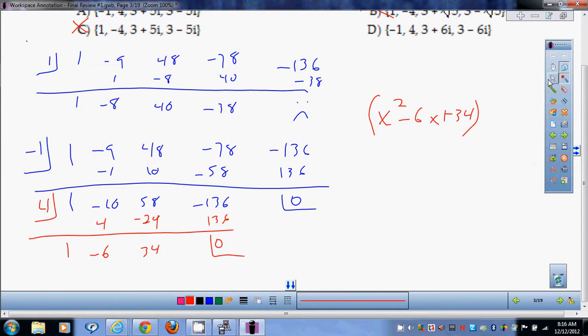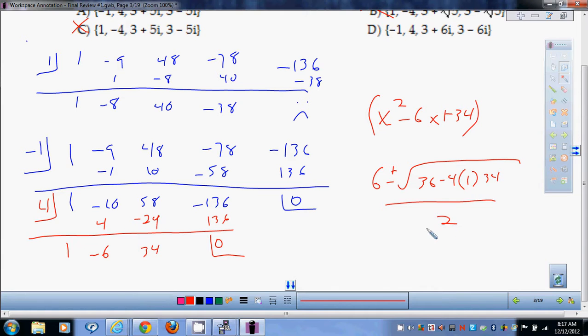What can I do with this to find my last two, Drake? Since you said it earlier. Quadratic. Negative b plus or minus the square root of b squared minus 4ac, all over 2a. 6 plus or minus.